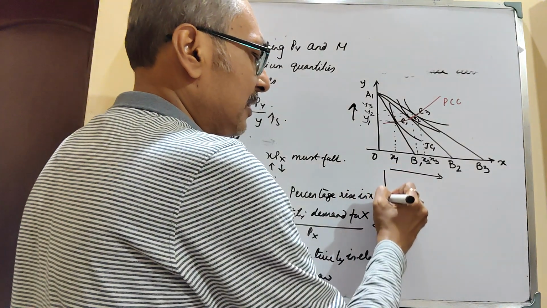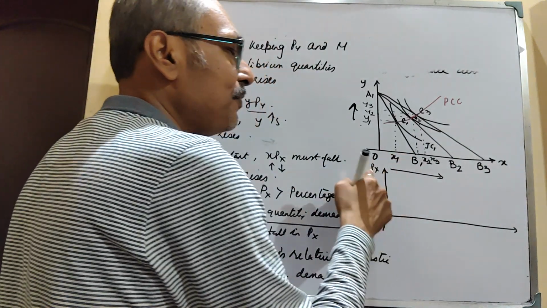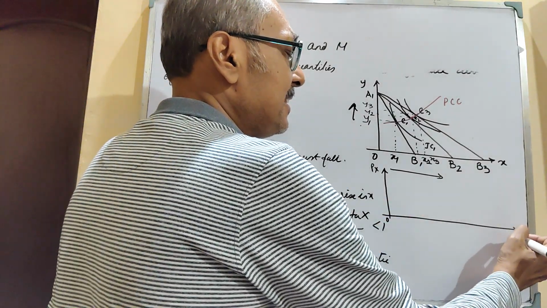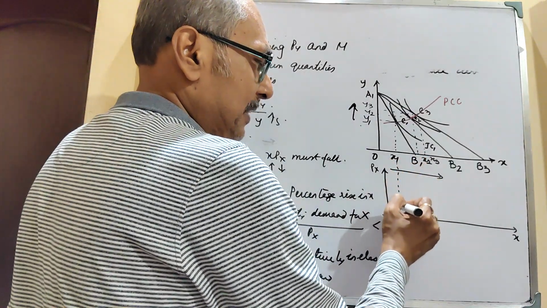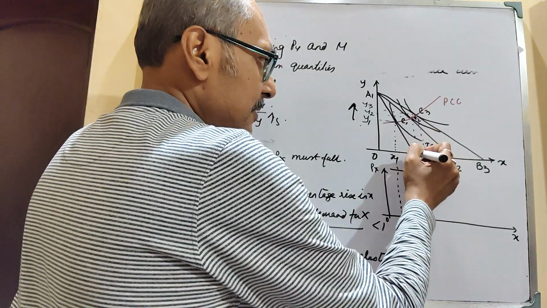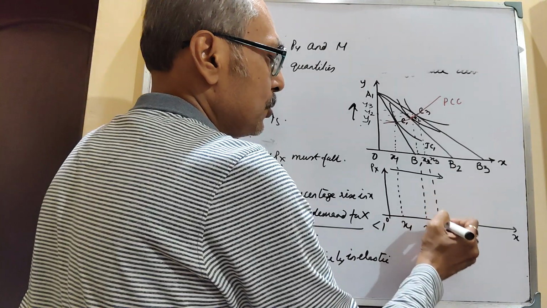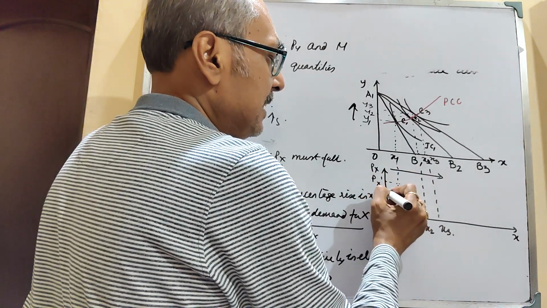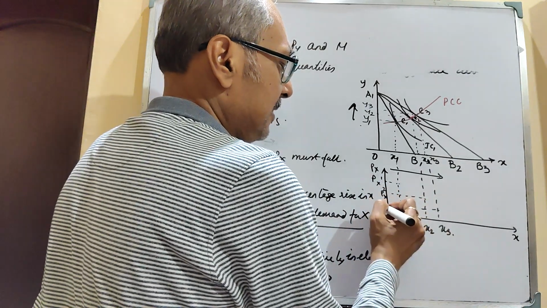I am drawing the demand curve. On the vertical axis, we are measuring price of X, and on the horizontal axis, we are measuring the quantity of X. We are dropping the perpendicular. This is a panel diagram. From X1, we are getting X2 and X3 also. Now suppose this is our Px1, this is Px2 and this is Px3.